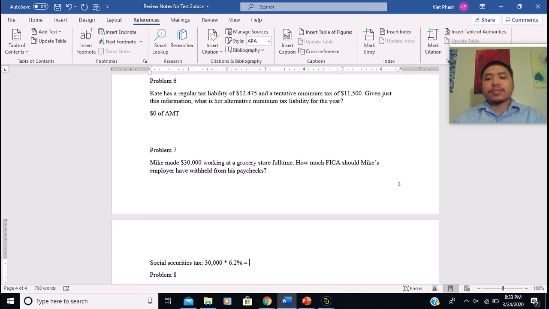That equals $1,860. So that's the Social Security tax. What about Medicare tax?